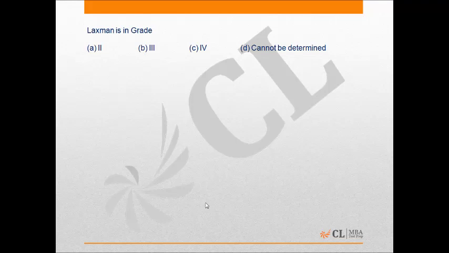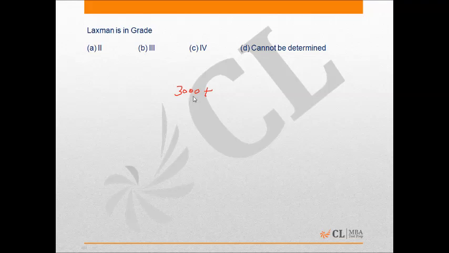So now let's check the maximum number of points that is possible for Lakshman. It is known that he has scored 3000 runs, and each run is equal to 1 point. So through the runs he has scored, he'll get 3000 points.